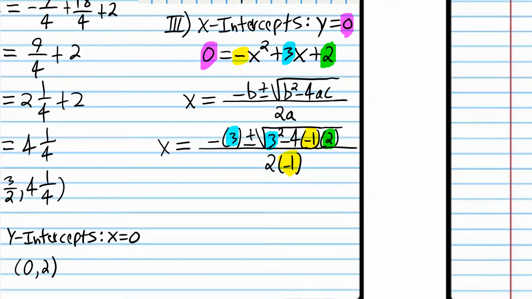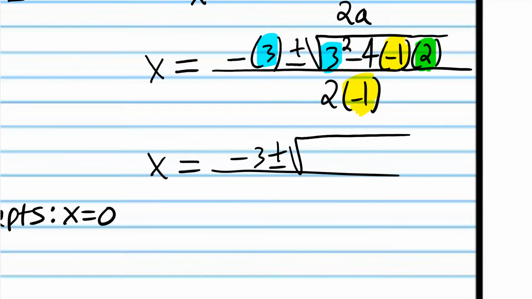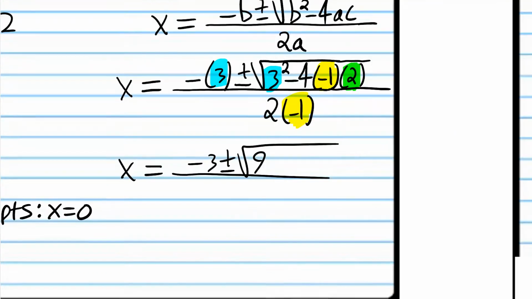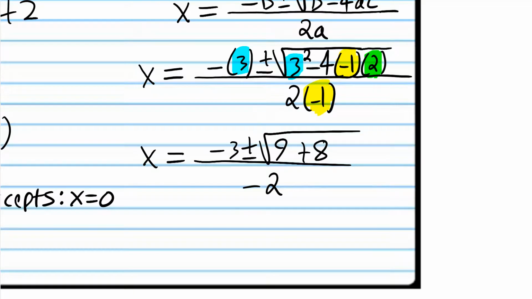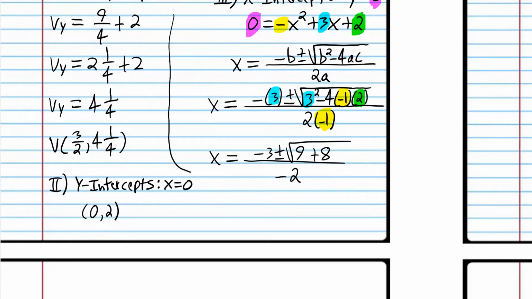So now we just have to simplify that expression. So 3 squared is 9, and negative 4 times negative 1 times 2, that's just going to be positive 8, and 2 times negative 1 is negative 2. I'm going to put a divider here.